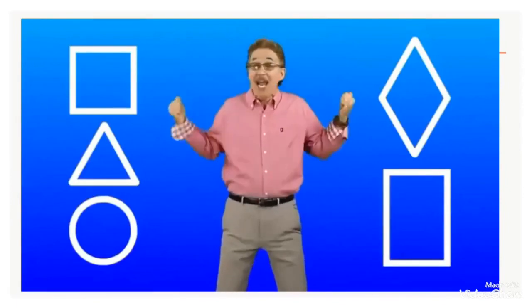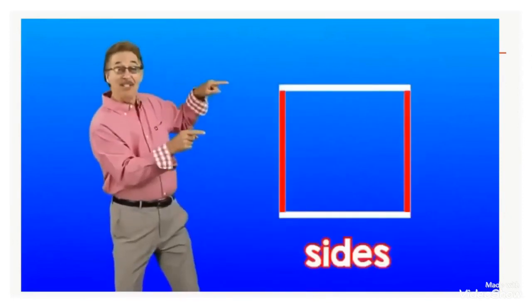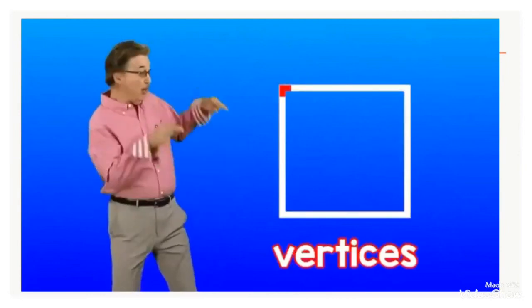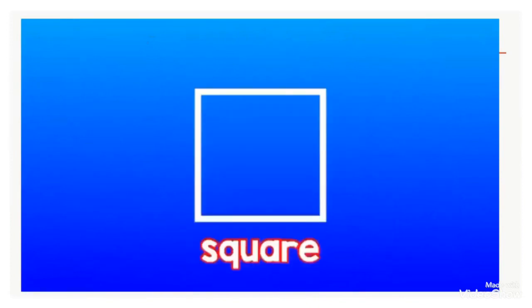2D shapes. Which ones have sides and vertices? Let's learn today. Sides are the straight lines that form the shape. Vertices are the corners that two lines make. Let's count the sides and vertices of these 2D shapes. This is a square.